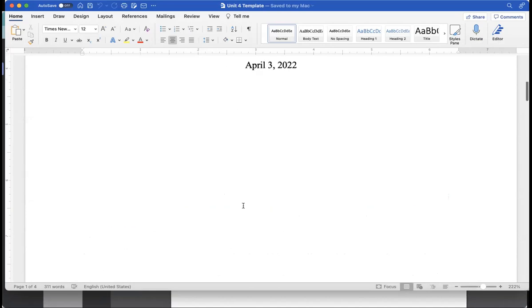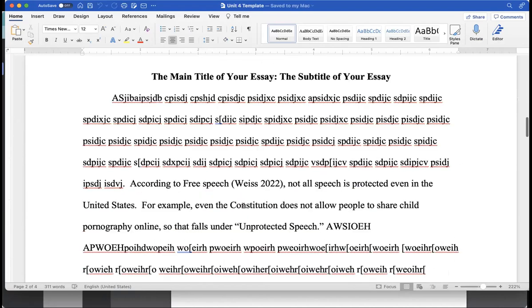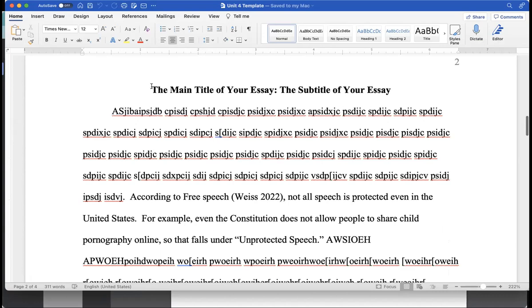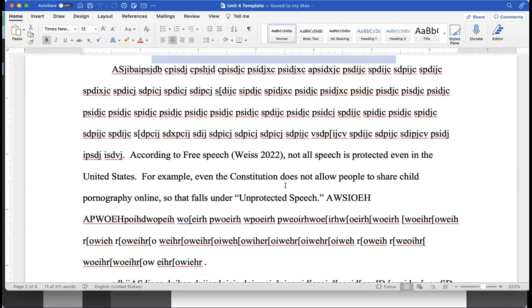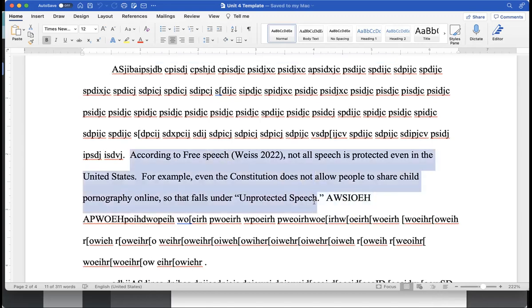You'll notice this looks very much like the template that's in Unit 1, and you can certainly use that template. On the second page, you will want to have the title, the actual title of your essay, and then you will only have one paragraph. This has more than that, but this one shows you right in the middle, we have the information from our research.